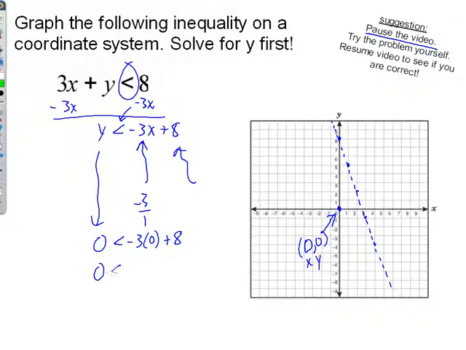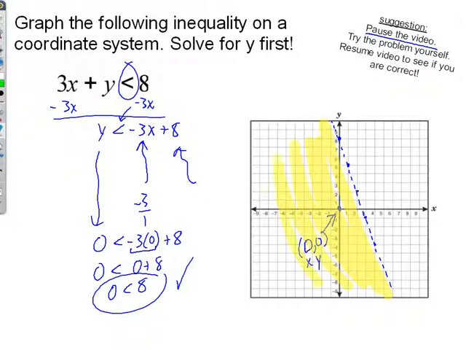Here's one reason I like 0, 0: it's really easy. Negative 3 times 0 is 0, so I get 0 plus 8. So 0 is less than 8. Is that true? It is. Therefore, I'm going to shade on that side. If it was not true, I would shade on the other side. So this is where my solution set exists.